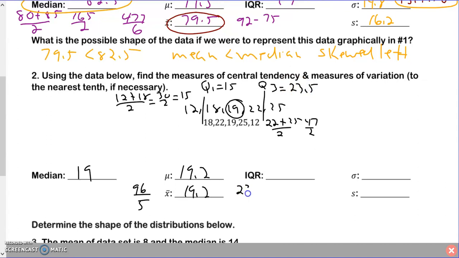Then you take 23.5 minus 15, and you get 8.5.